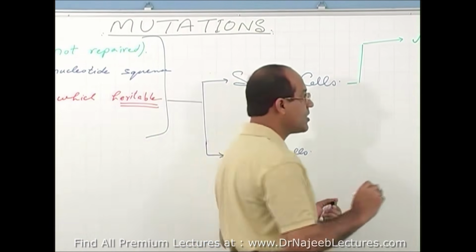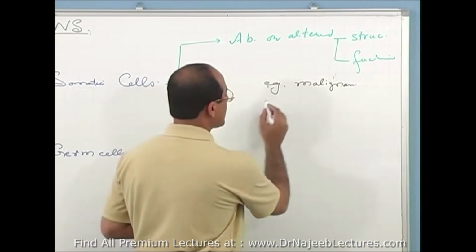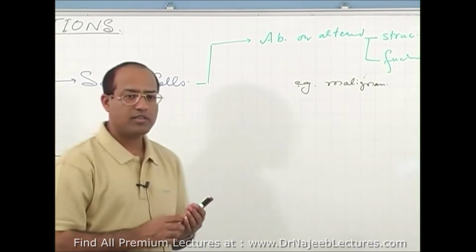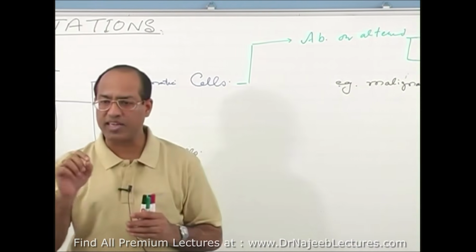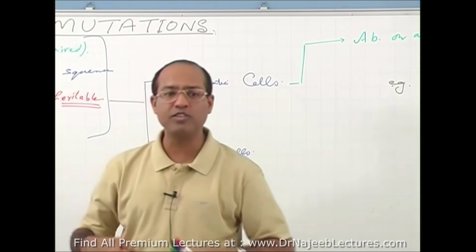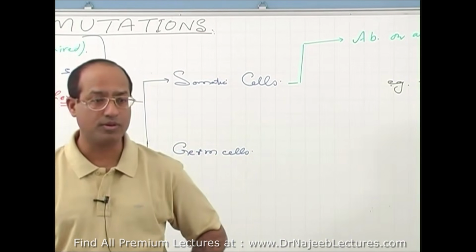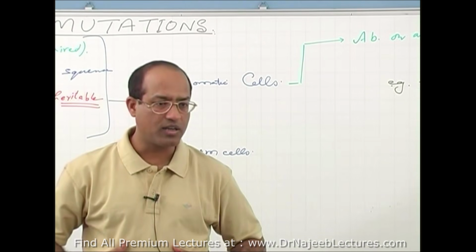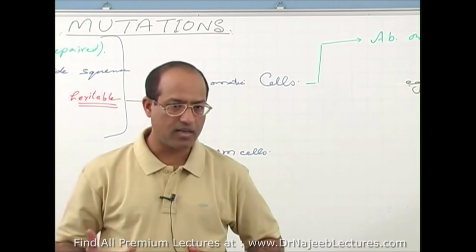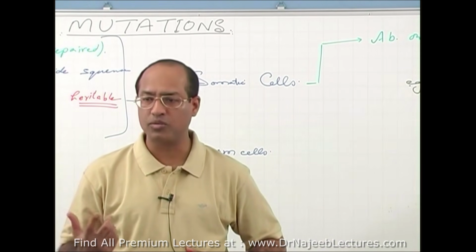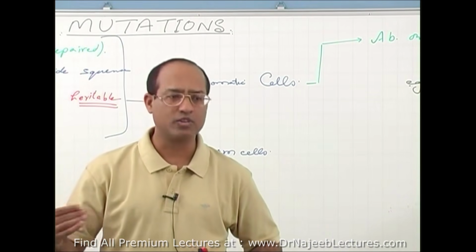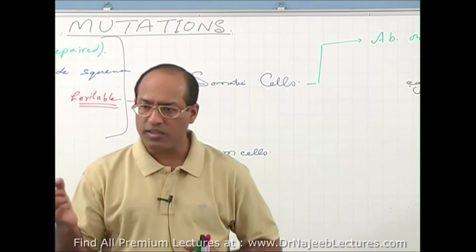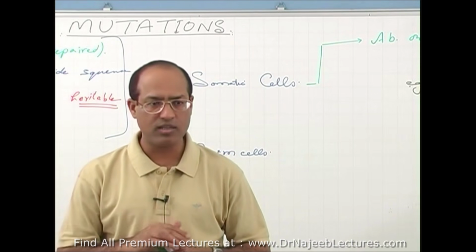Number two, sometimes there is a change in a somatic cell of a fetus or embryo. For example, a lady is carrying a product of conception in her uterus, and suppose in an ectodermal, mesodermal or endodermal cell, or even at some advanced stage of development, there is some mutation.